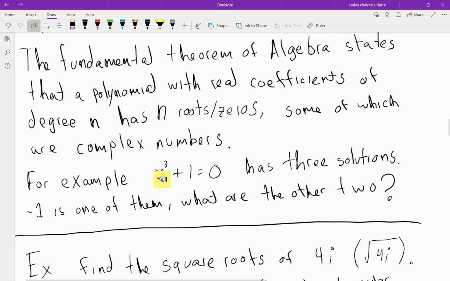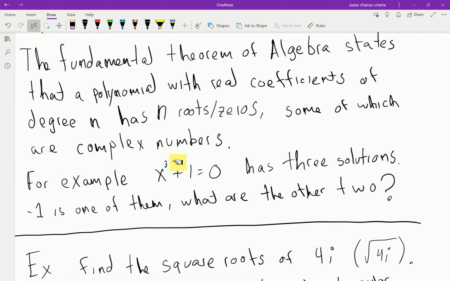It's got real coefficients, all of the numbers are real numbers, and I am looking for its roots, its zeros. So I set the polynomial equal to 0. The fundamental theorem of algebra guarantees that this equation, x cubed plus 1 equals 0, should have 3 solutions.